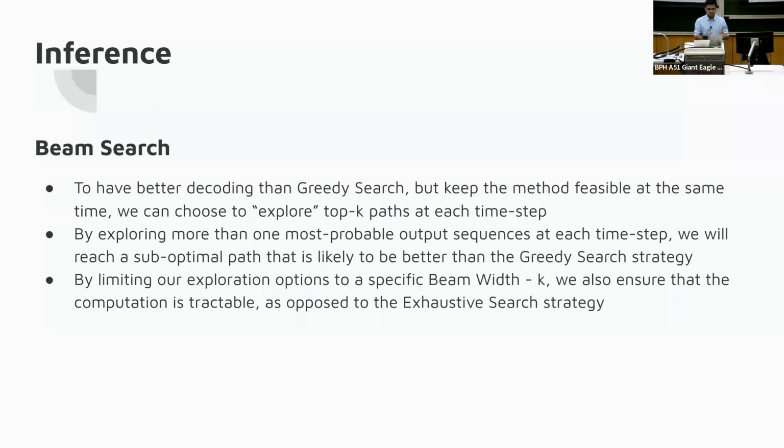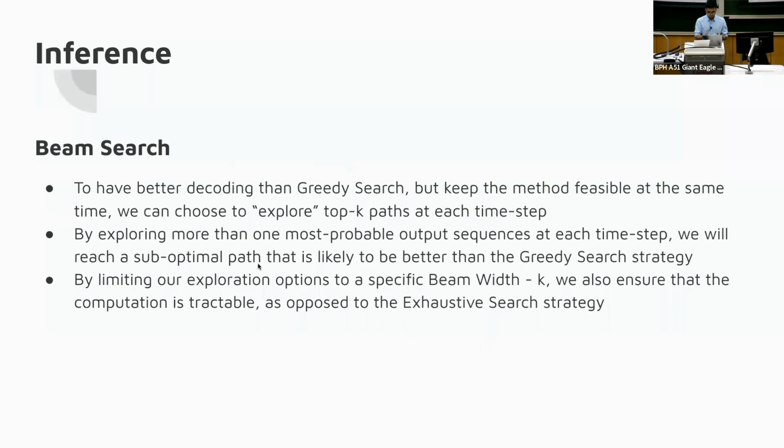Beam search explores the top k paths, which we define as the beam width. So we have a better decoding strategy than greedy search, because we're considering more paths, but it is still more computationally feasible because we're not exhausting our entire search space.